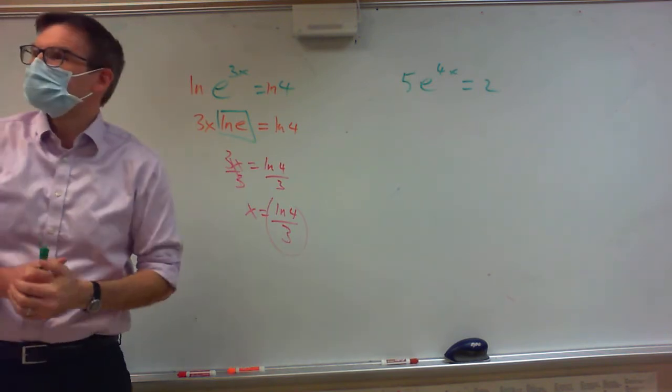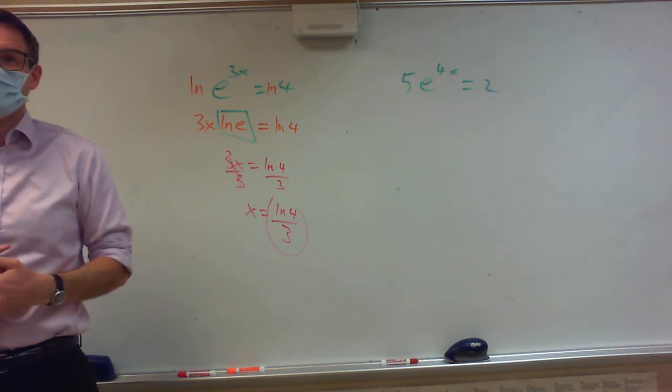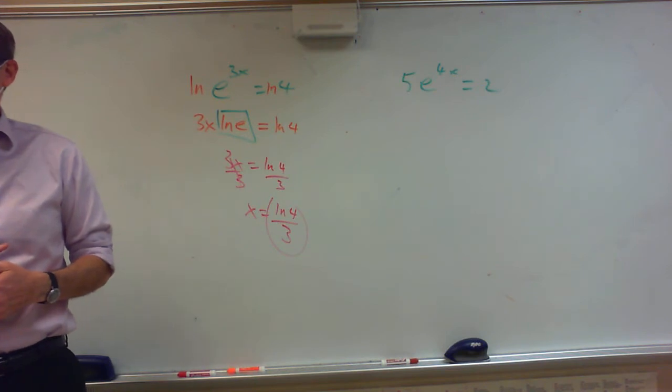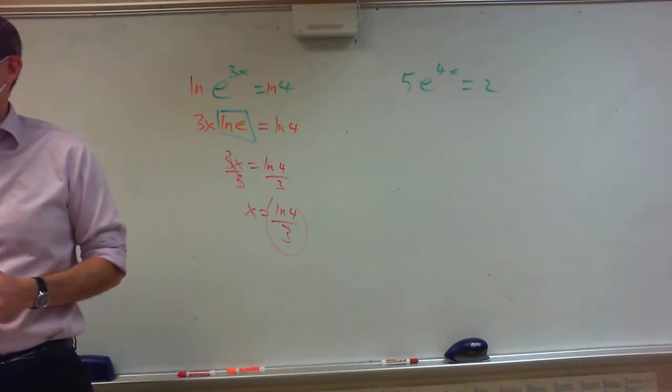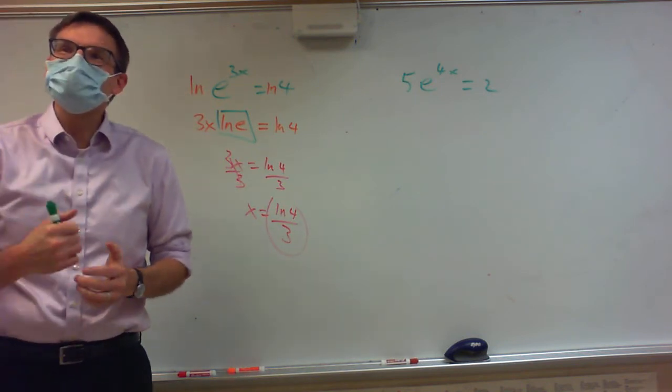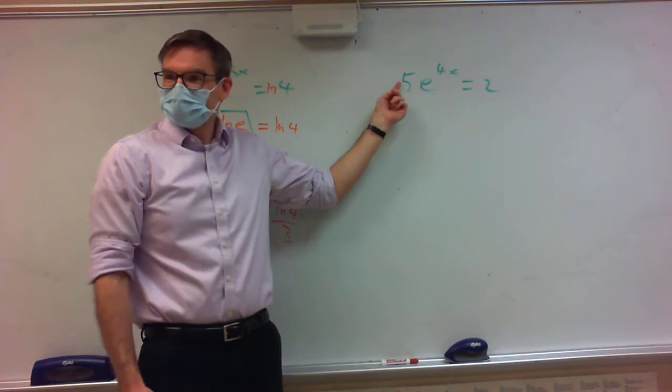What do you do first? Can I take natural log of both sides at this point? What's my issue with taking natural log now? The 5's in the way, isn't it?